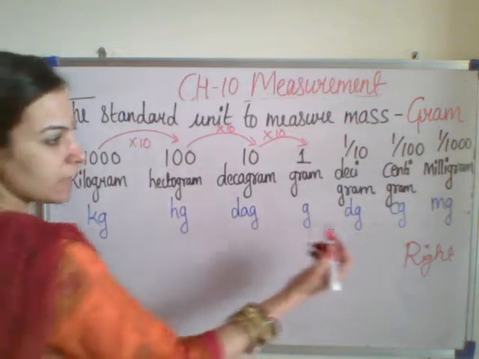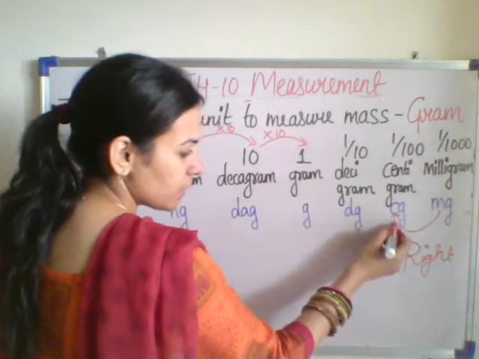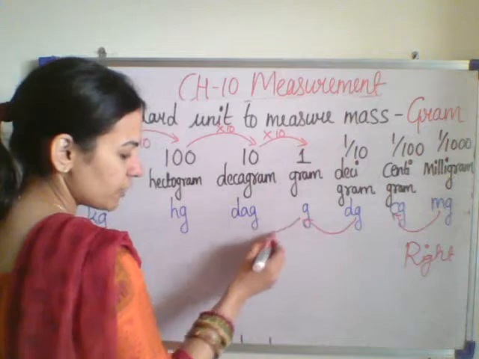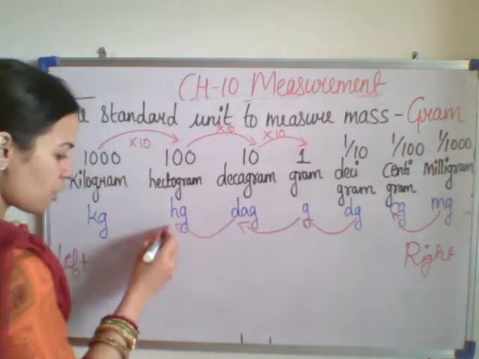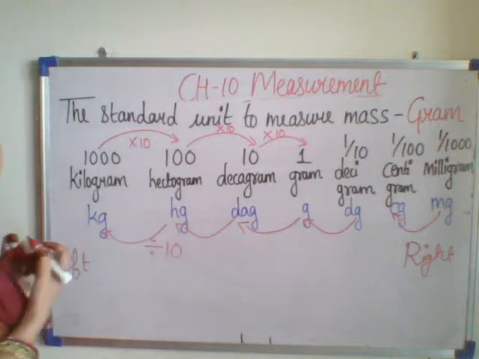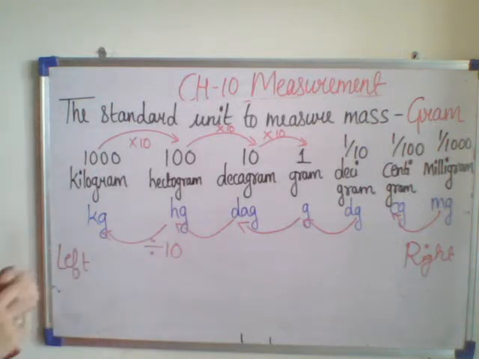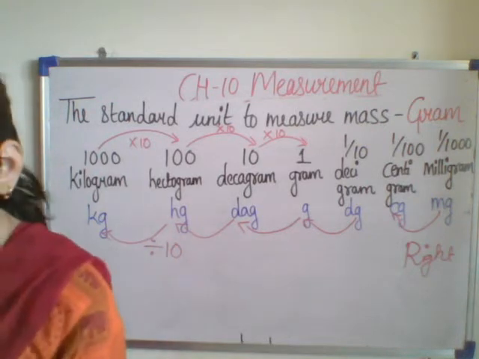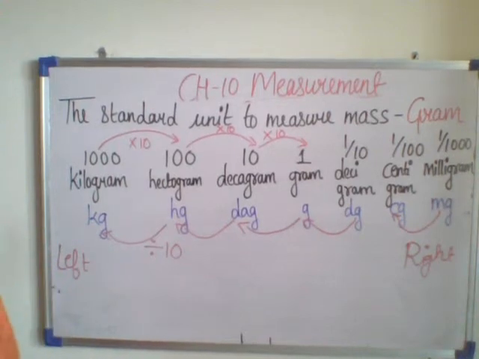Whenever we are moving in this direction, that is from the right to the left, then in each step we have to divide by 10. So let us do a few questions in order to make you understand.